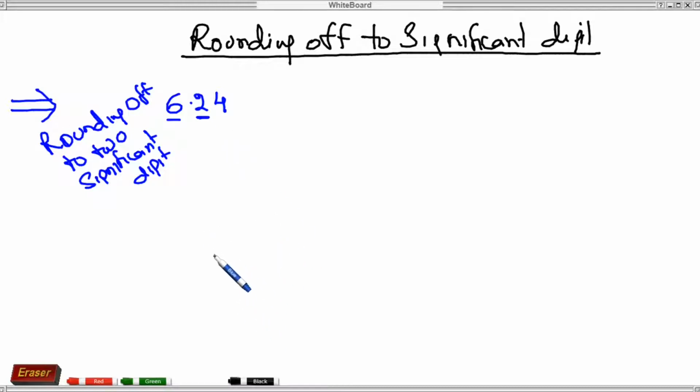So you can see here, there is a rule. We want to show this value up to here only. Actually, its overall value is 6.24, but we want to round it off up to two significant digit.